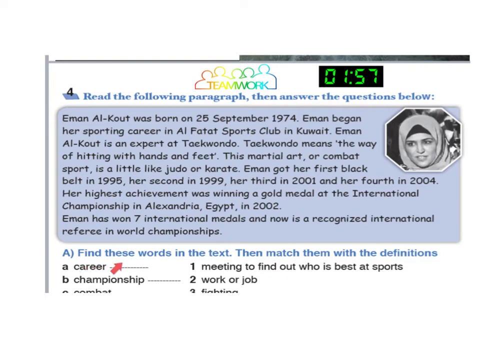Now find these words in the text, then match them with their definitions. In the text we have career, this one. What is the meaning of career? It means work or job. The second one, championship. What is the meaning of championship?